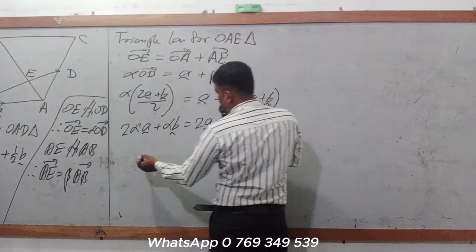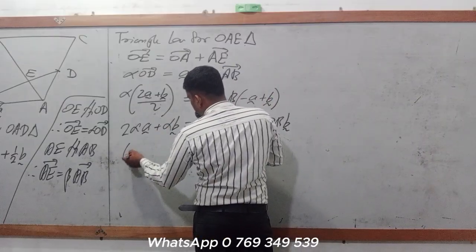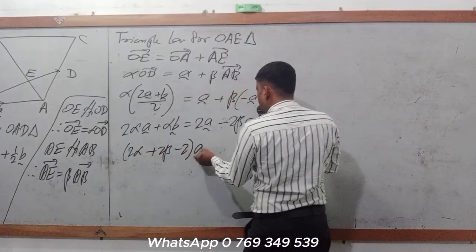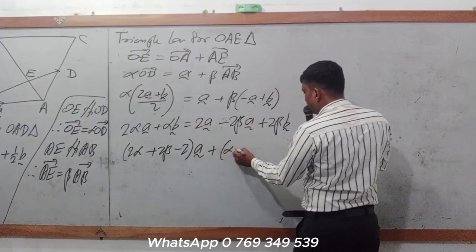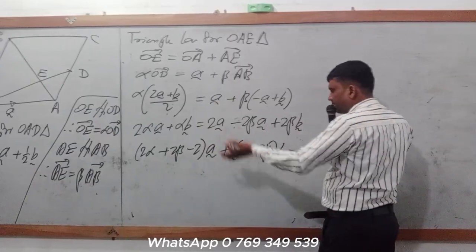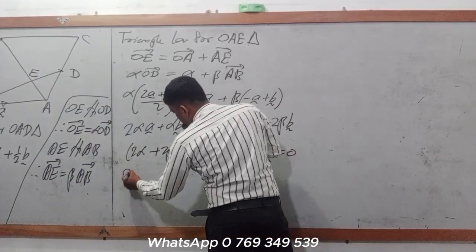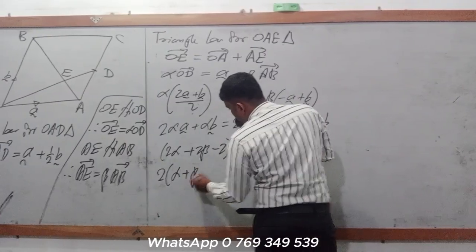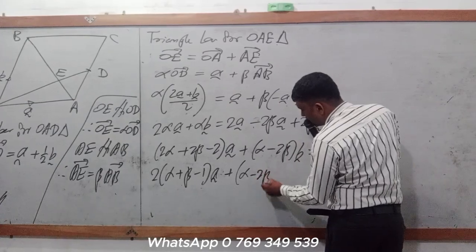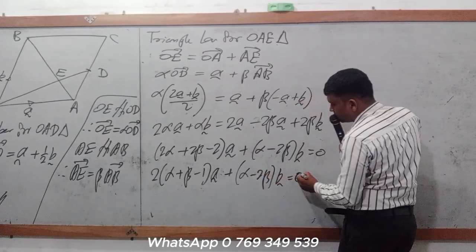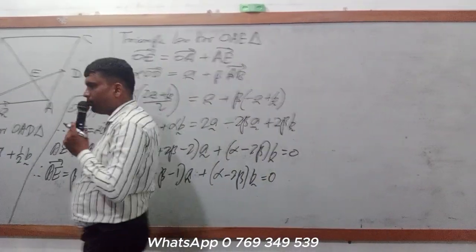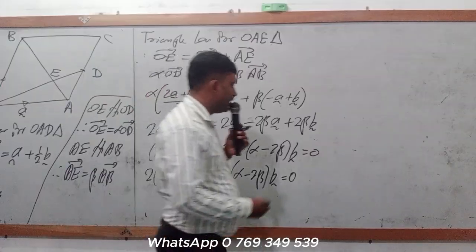Now everything goes to one side: (2 alpha plus 2 beta minus 2) A plus (alpha minus 2 beta) B equals 0. Here the common factor is 2: (alpha plus beta minus 1) A plus (alpha minus 2 beta) B equals 0. Then we have to find alpha and beta, right?